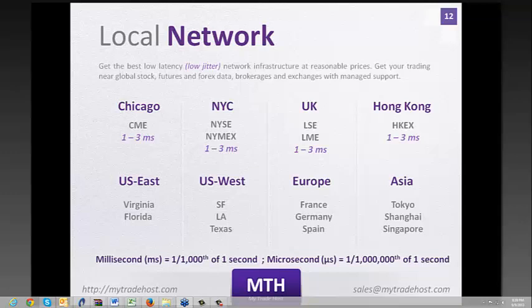For TradeStation users, TradeStation locates their servers in New York, Chicago, Miami, and Dallas. Depending on which markets you trade, how you trade, and where you're trading from, we put you in a certain data center very close to TradeStation, depending on your criteria. Multicharts, as you know, supports a good variety of brokerages.